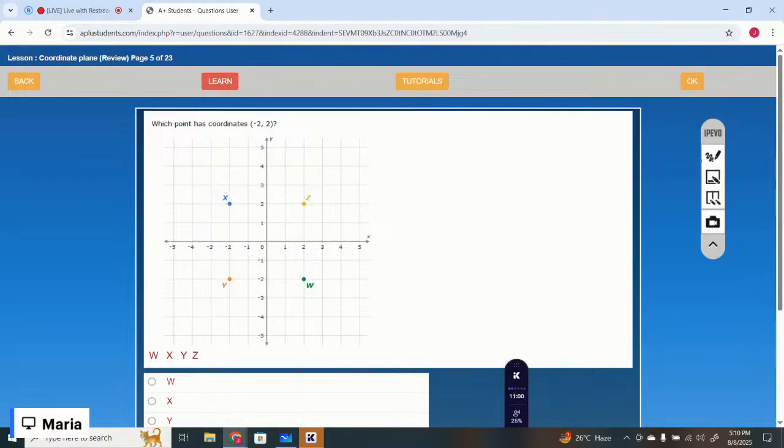The -2 and 2. The correct option is X point. X is on the intersection of -2 and 2.